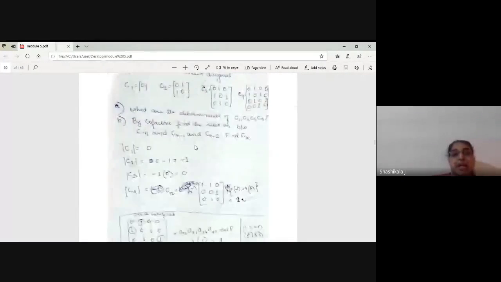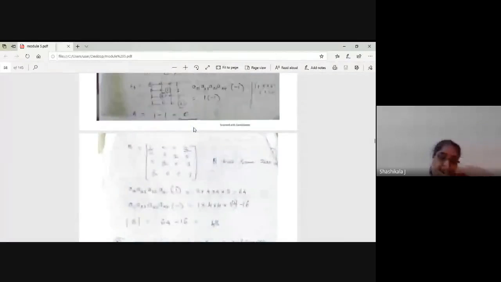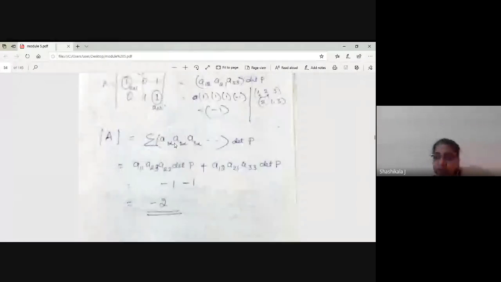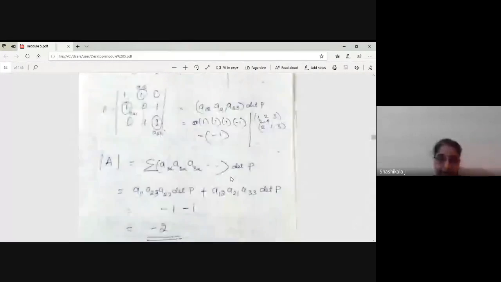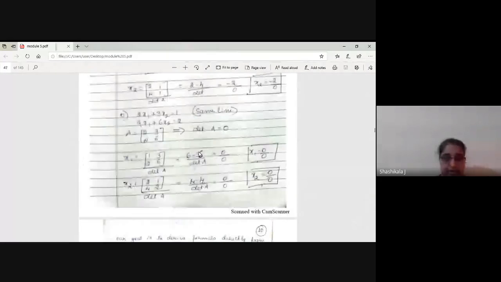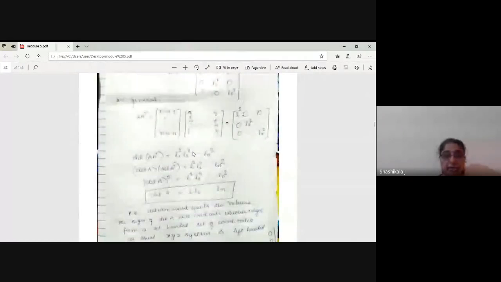Next I will do one more method, the determinant by the cofactors. You already know it, I will just brief you on this. I already sent the notes. There are another two methods I will do.